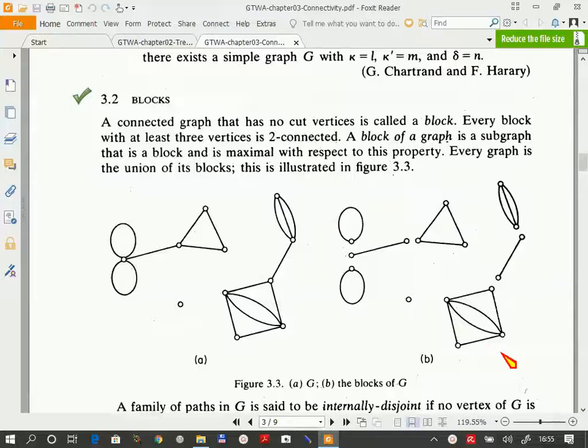This is a subgraph which by itself would be a block, meaning there is no cut vertex. But as a subgraph of the whole graph, it is not a block in the sense that it's not maximal, because there is a greater subgraph which also is a block.